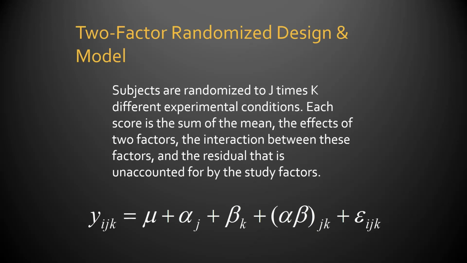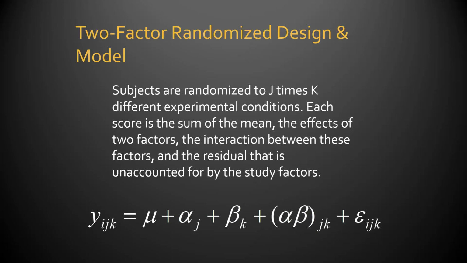So we have here a response of person i in level j of the J factor, in level k of the K factor, and we think that their observed score is the sum of the baseline, which is the mean across all scores, plus the effect of being in level j of the J factor, plus the effect of being in level k of the K factor, plus the effect of the interaction of those two at the specific level of j and k that that participant is in, plus the residual of person i in the jth level of factor J and the kth level of factor K.